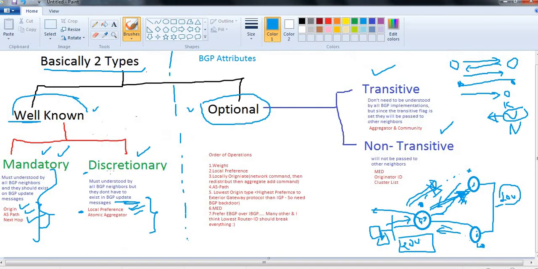Okay, so I hope this is clear. Then the next attribute we discussed was optional. In the optional, there is something called transitive. In the transitive, they don't need to be understood by all BGP implementations, but since the transitive flag is set, they will be passed to other neighbors.